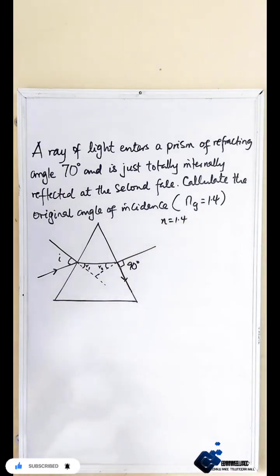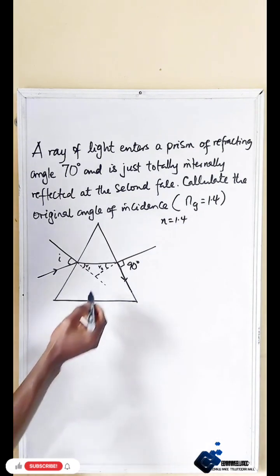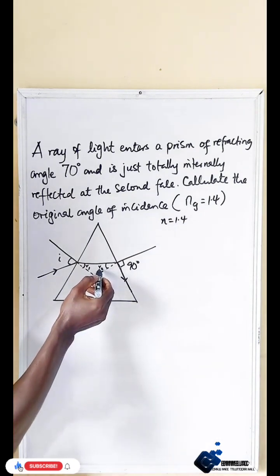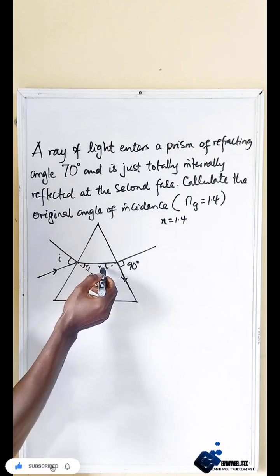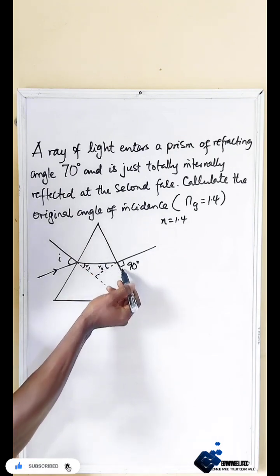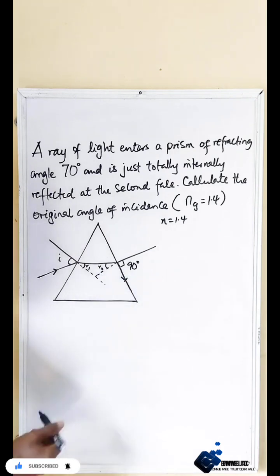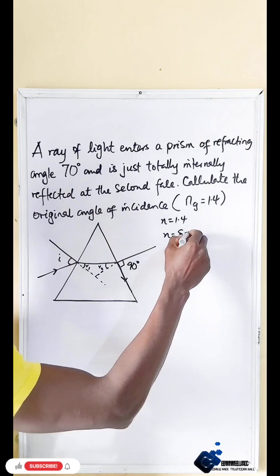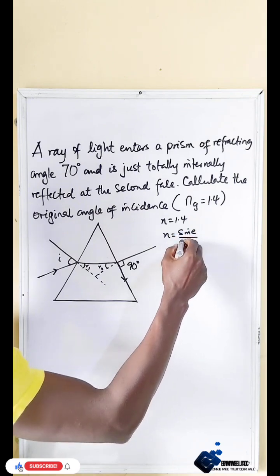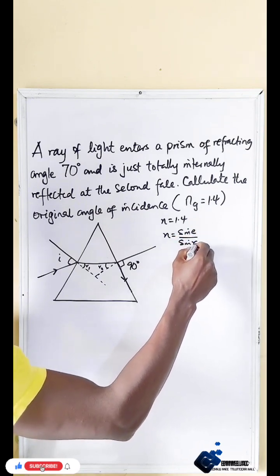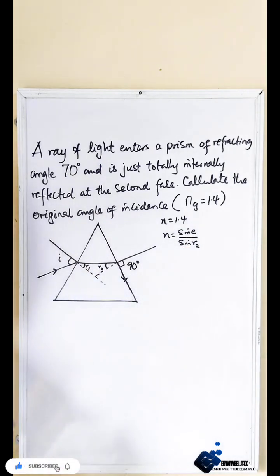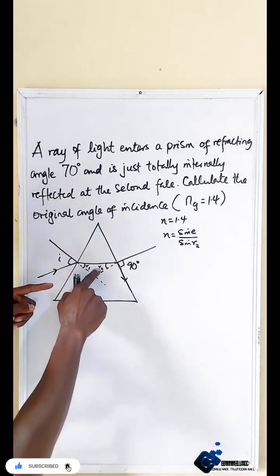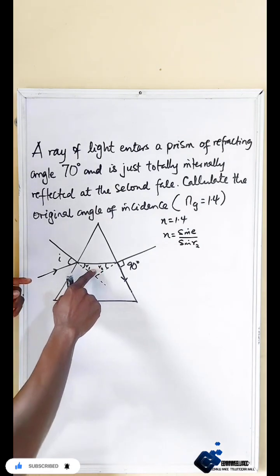The first thing is to find R2, which is the refracting angle for the emergent ray. Here we have that n equals sine e all over sine R2. After getting this, we will look for the other.